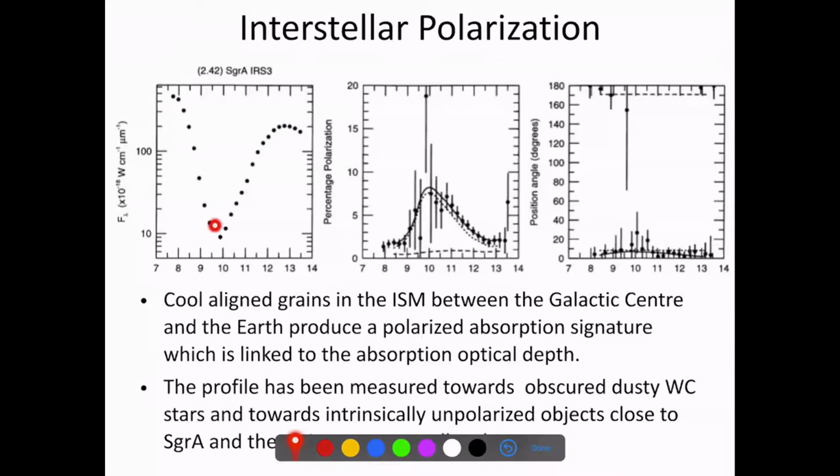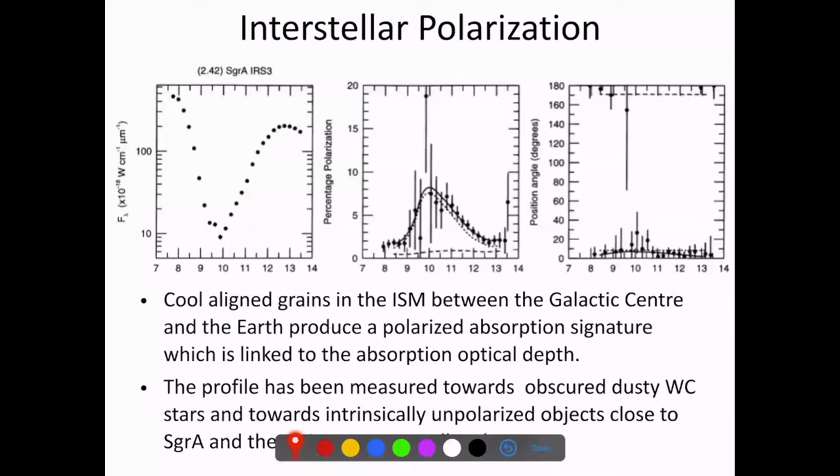Again, there's this pronounced silicate absorption, a constant position angle, and the spectral signature of polarization peaking at 10 microns and then reducing towards the wings of the silicate feature. Also notice that in the silicate minimum, the flux, of course, is very low, a factor of 20 or 50 lower than it is in the wings.